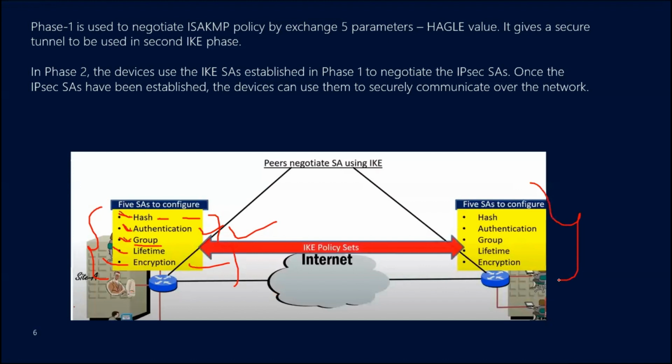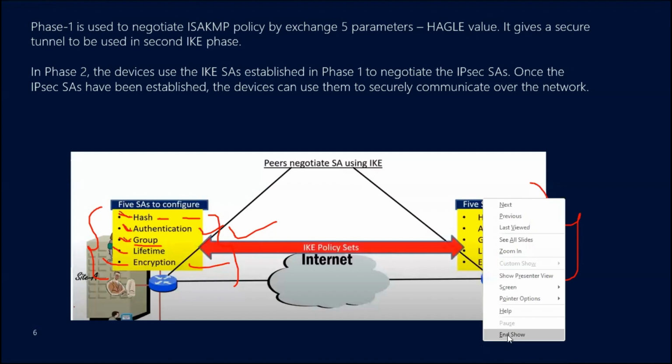Then only your phase one would negotiate and the tunnel can be formed. So that is about phase one, where your HAGLE values are exchanged, and then in phase two, your actual traffic, your interesting data, flows. Okay, so let me show you an example.